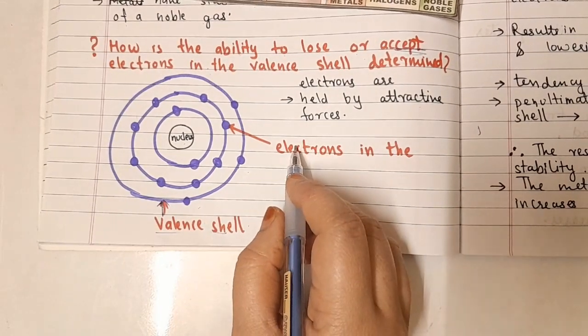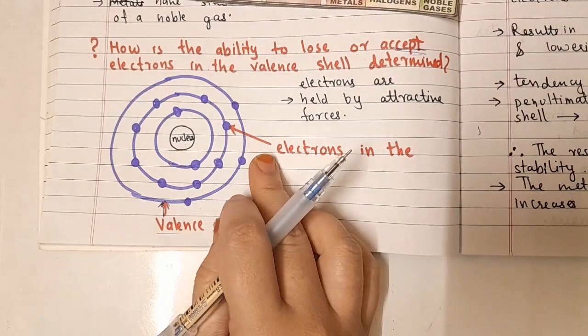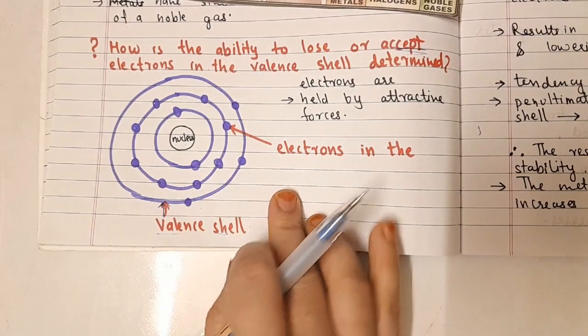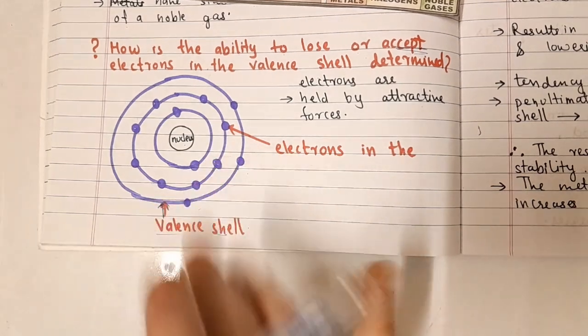Now let's answer this question. All the electrons in any atom are held by the attractive force exerted on them by the positively charged nucleus.